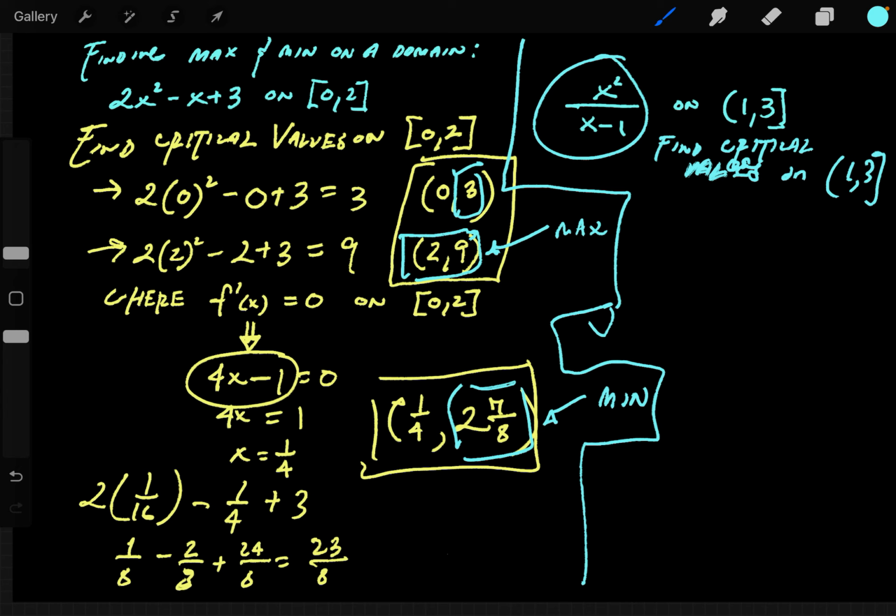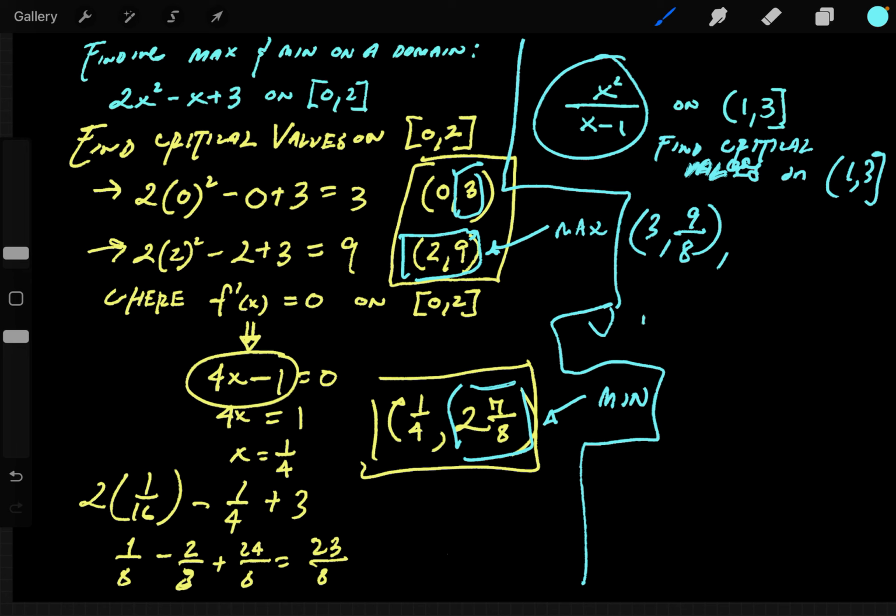So I find out what it is at 3. When I plug in 3, I'm going to get 9/8. So (3, 9/8) is a critical value. And then you don't care about 1 anymore. That's not going to be a critical value. It's only at the endpoints of a closed interval. This is a half open, half closed interval, so you don't need to worry about that 1.